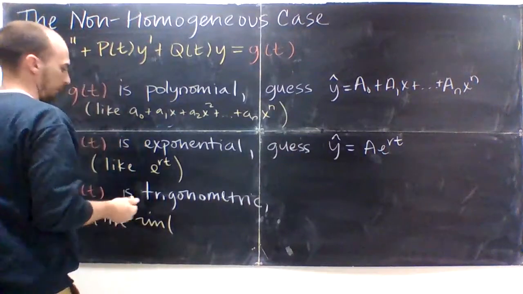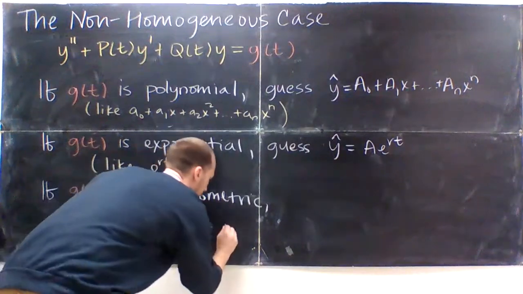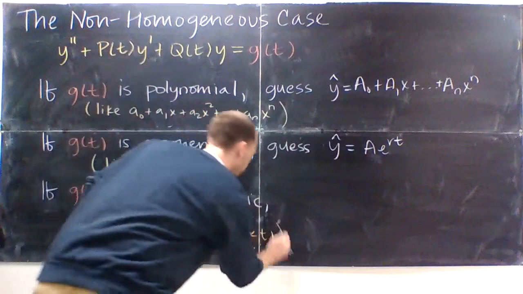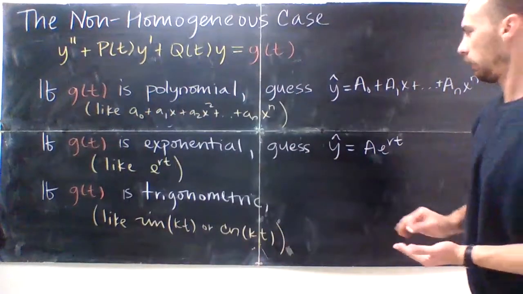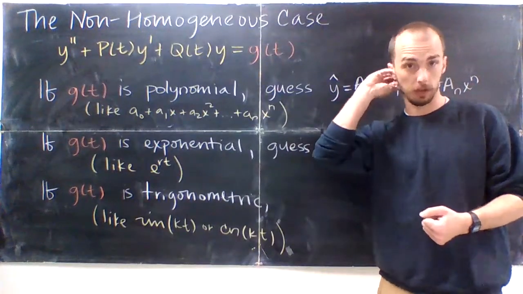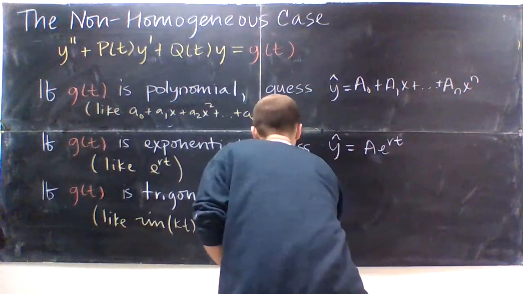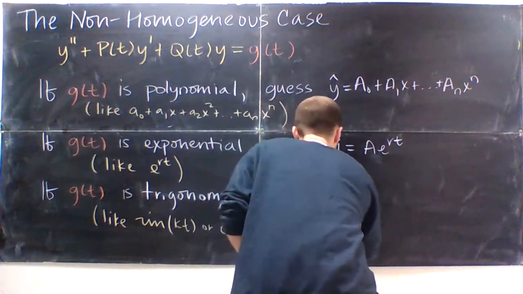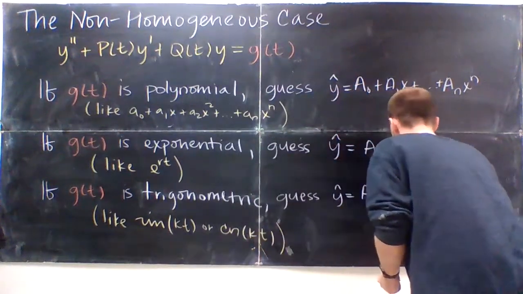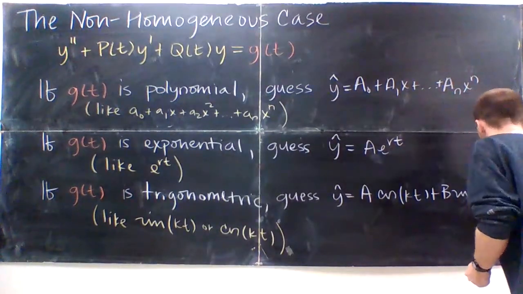sine of kt, or maybe cosine of kt, then I'm going to suggest that you guess y hat be a combination of sine and cosine. Just to show you what I'm saying, y hat is A cosine of kt plus B times the sine of kt.